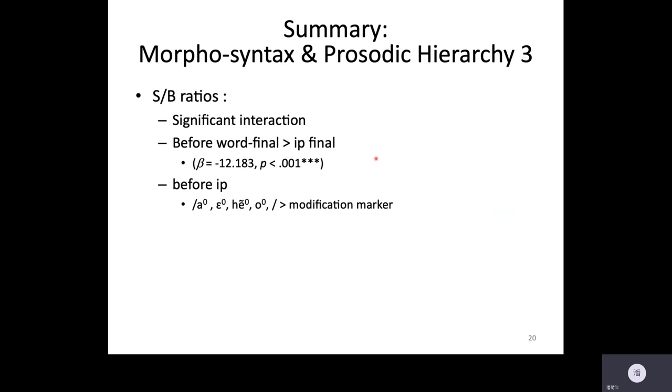The morpho-syntactic rule, which claims that only base tones are produced before modification marker, is not validated according to our results. However, there are indeed more base tones produced before modification marker. Prosodically, there are more Sandhi tones in low-level prosodic final position than in high-level prosodic positions.